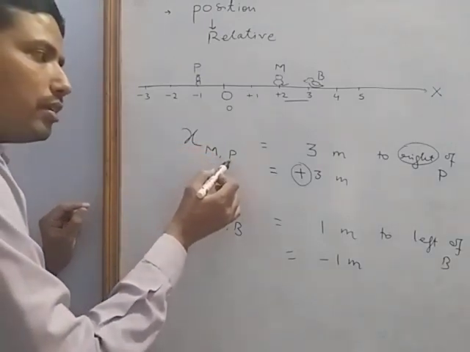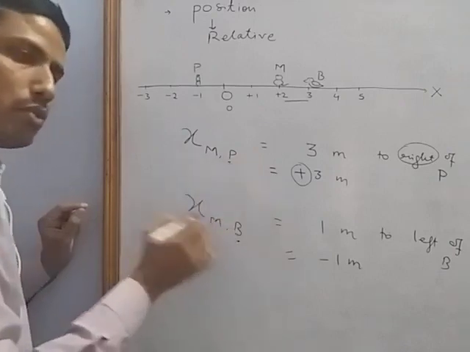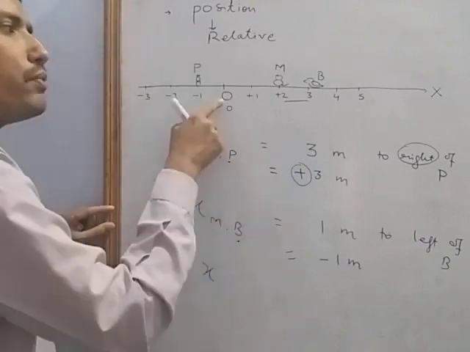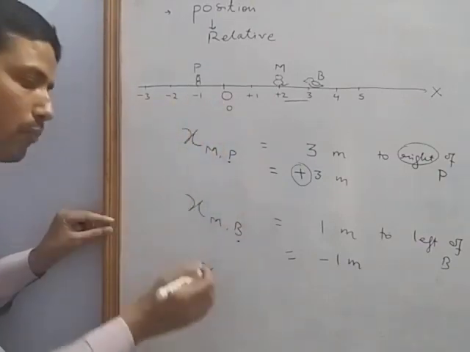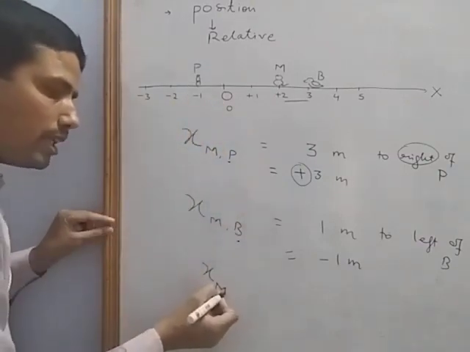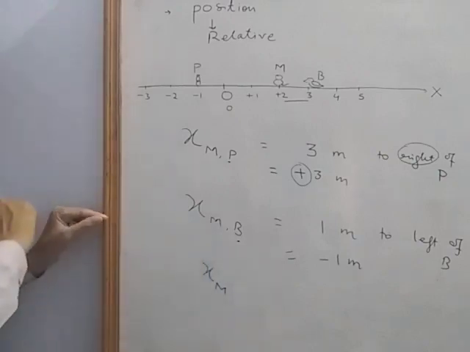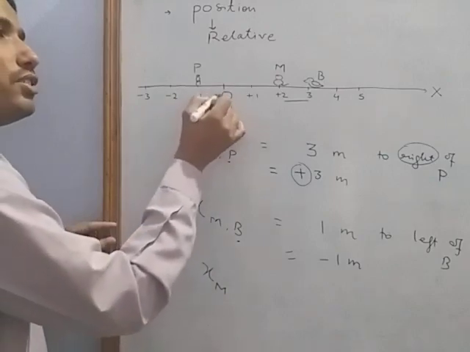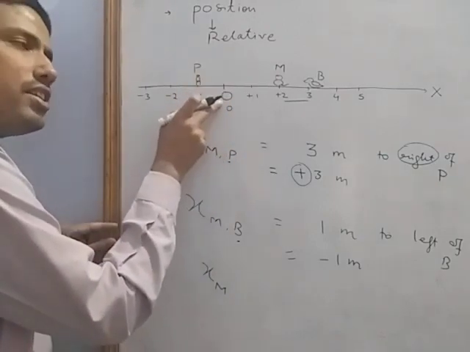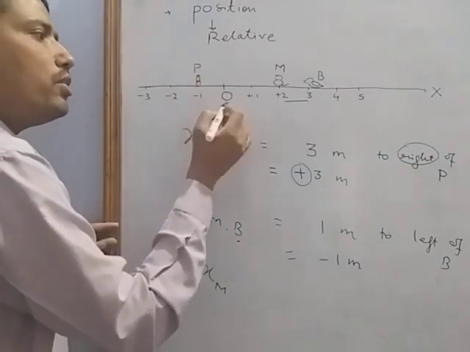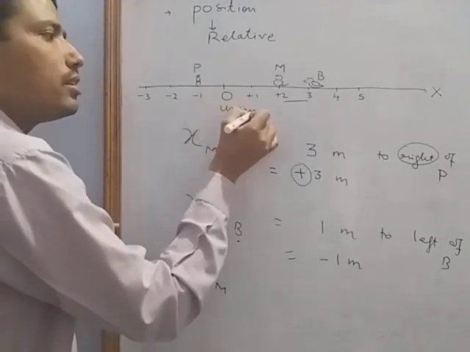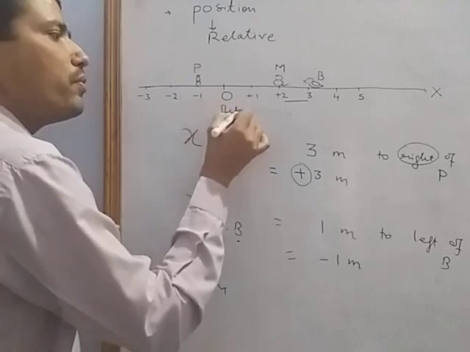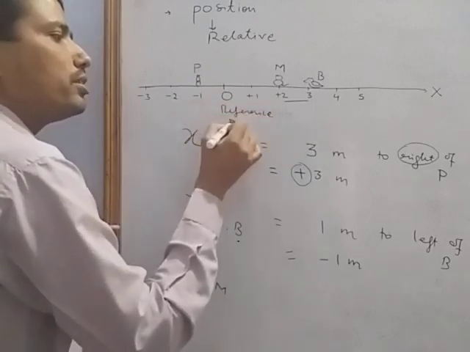If the reference point is not given, then you simply assume that the reference is the origin. If I write position of monkey and I don't indicate the reference, that means it is understood that the reference is the origin. The origin is usually the universal reference point.